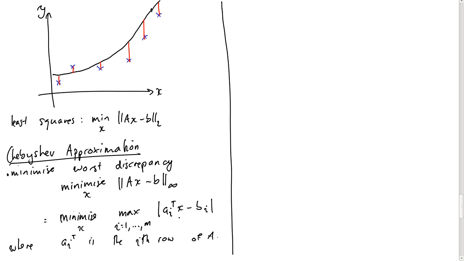It looks kind of weird having a minimum and a maximum stuck together like that, but believe me, it makes sense, so you might want to think about that for a second if it doesn't yet.